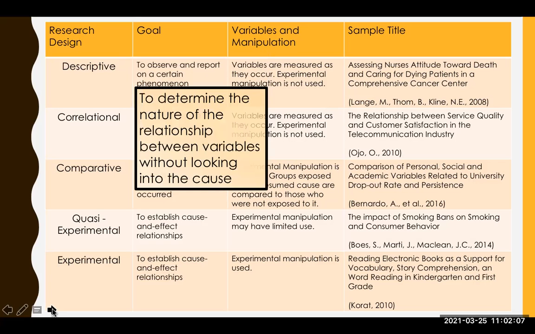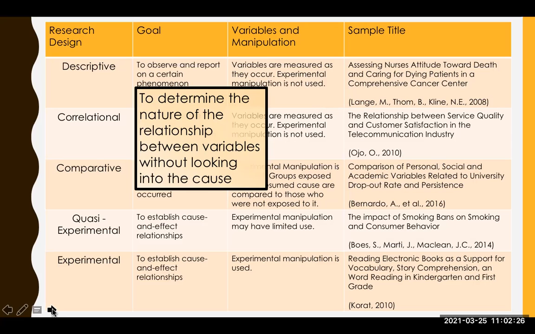Another quantitative research design is the correlational type. The aim of the correlational research design is to determine whether an increase or decrease in one variable corresponds to the increase or decrease in another.